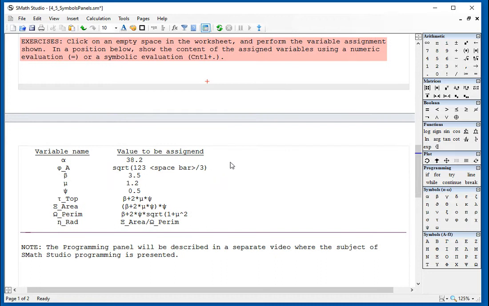For example, it says assign alpha to 38.2. So you do A, Control G, colon 38.2. Phi, underscore A. So phi is F, Control G, underscore A, colon, square root of 123, spacebar, divided by 3.